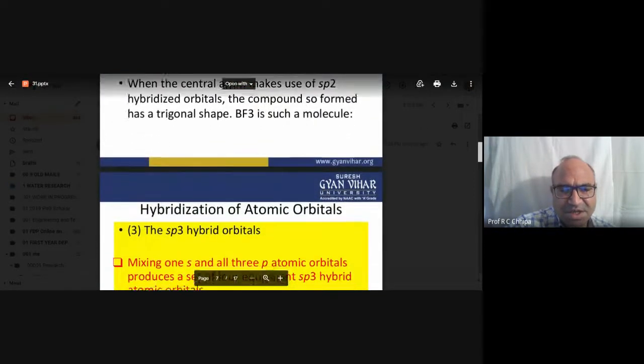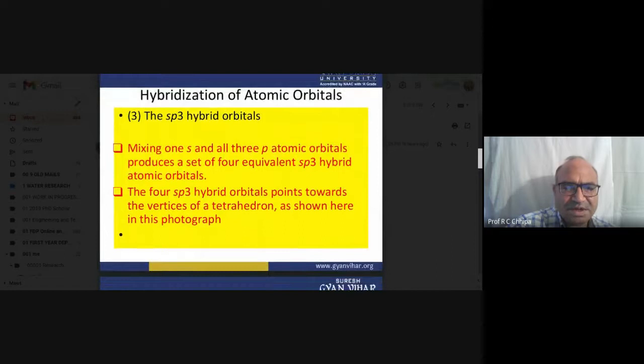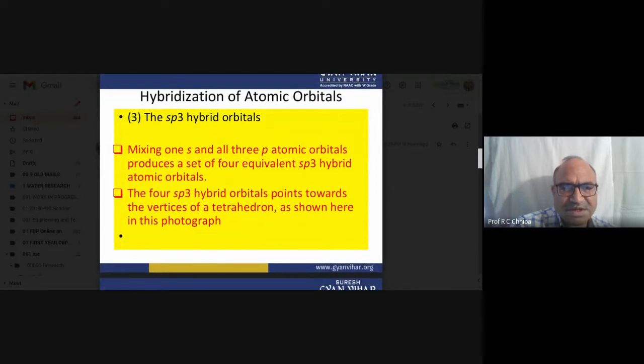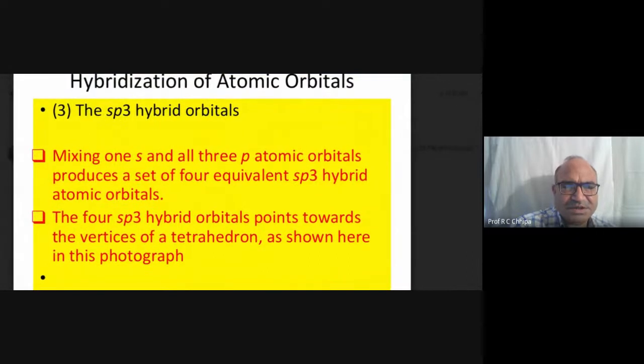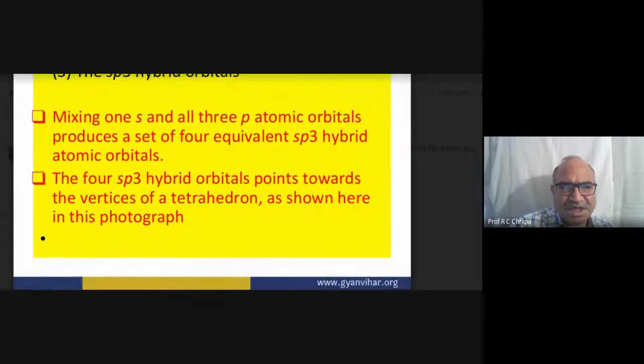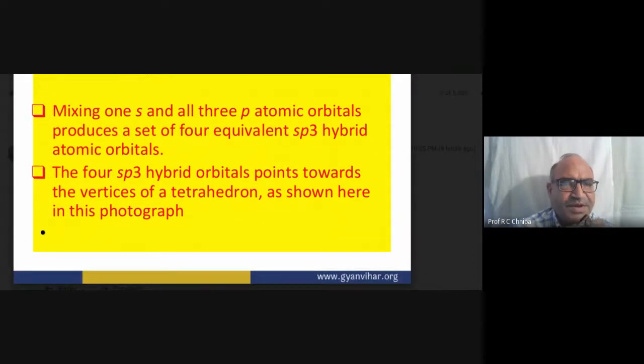Now the third one, the sp3 hybrid orbitals. In sp3 hybridization, the mixing of one s and all three p atomic orbitals produces a set of four equivalent sp3 hybrid orbitals.